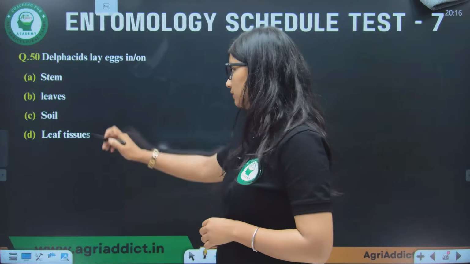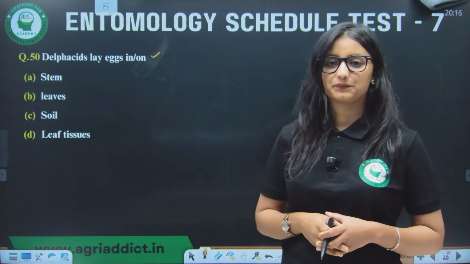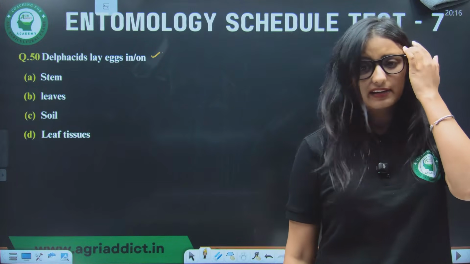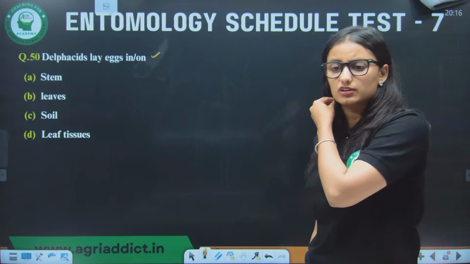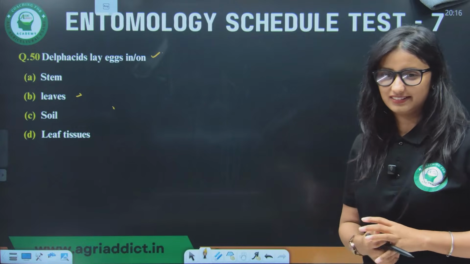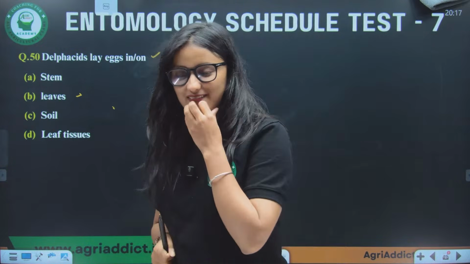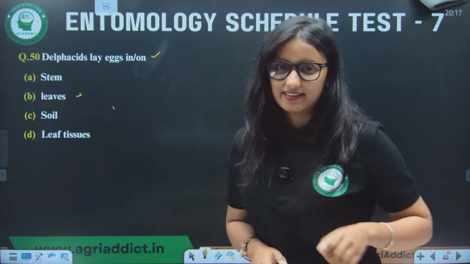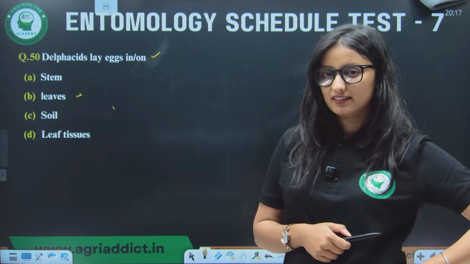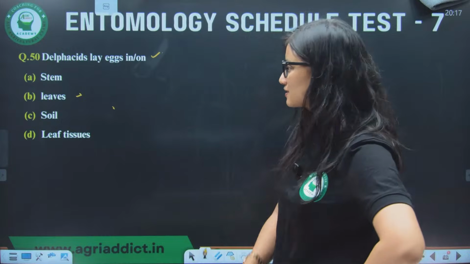So, Delphacids lay eggs in which? Leaf tissue. Very good. This is very confusing. You will answer D or B. Are they penetrating their eggs on leaves or what?